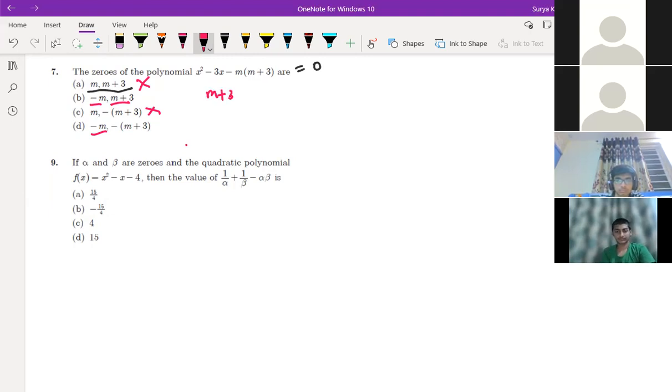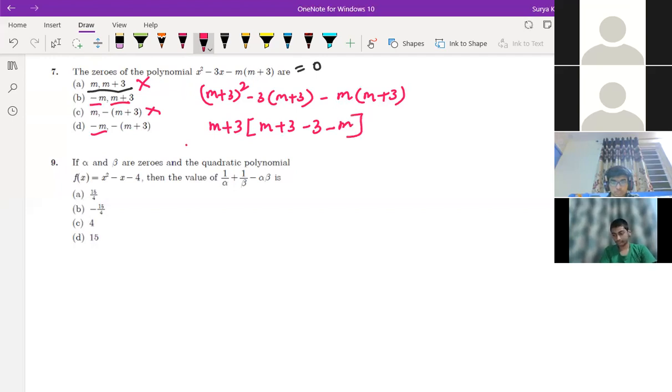The m plus 3 whole square minus 3 into m plus 3, again minus m into m plus 3. So m plus 3 you can take common if you want. So m plus 3 minus 3 and minus m. It got 0. Understood? So your answer is what? B option. Is it clear?